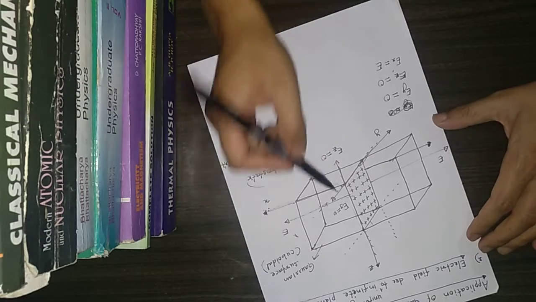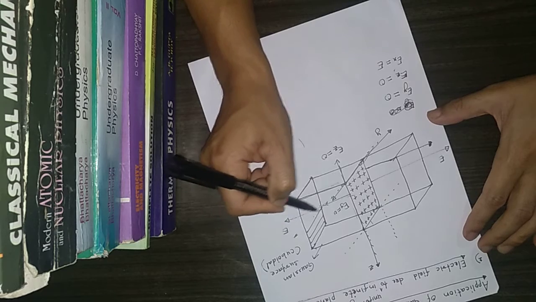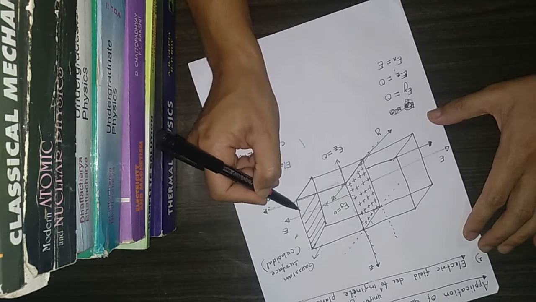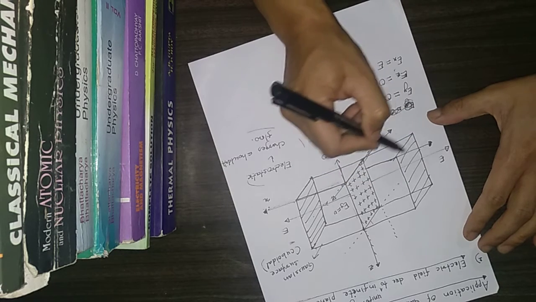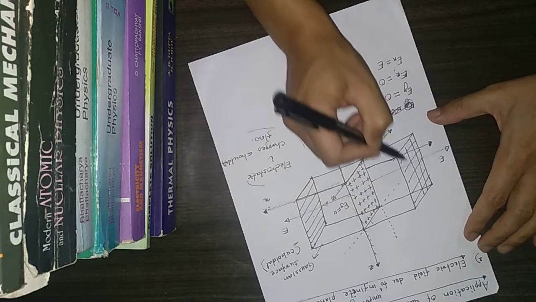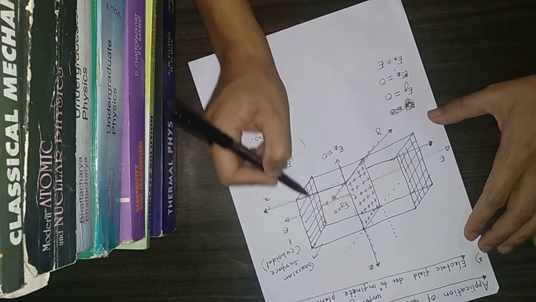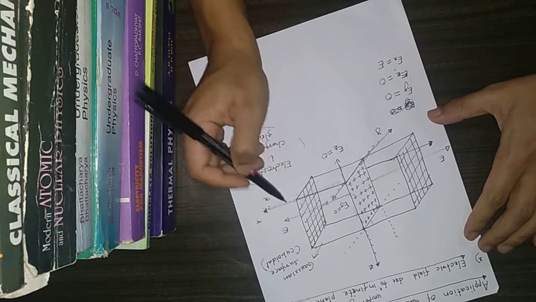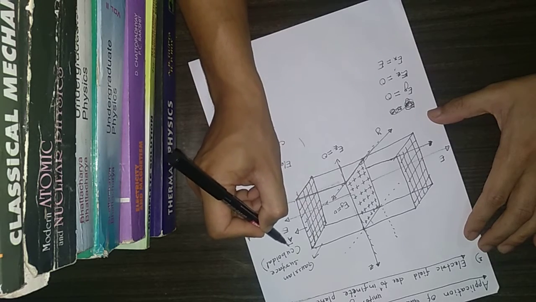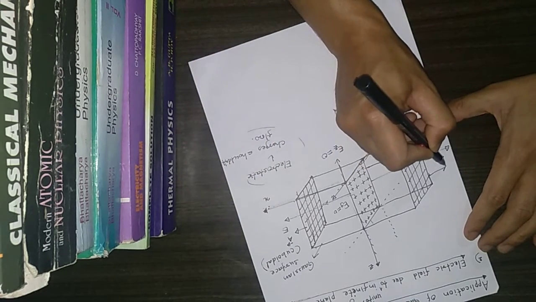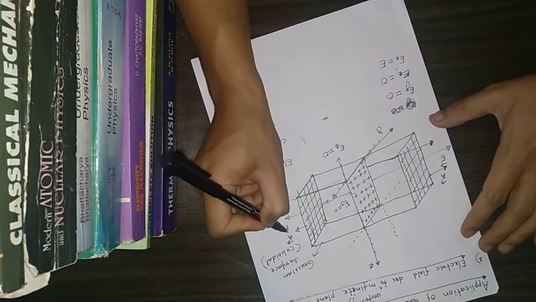Now the only surfaces whose area vector is parallel to the electric field are these surfaces. This surface is perpendicular to the electric field, or the area vector of this surface is parallel to the electric field, because the area vector of this surface is along this direction, and the area vector of this surface is along this direction, which is parallel to the electric field.